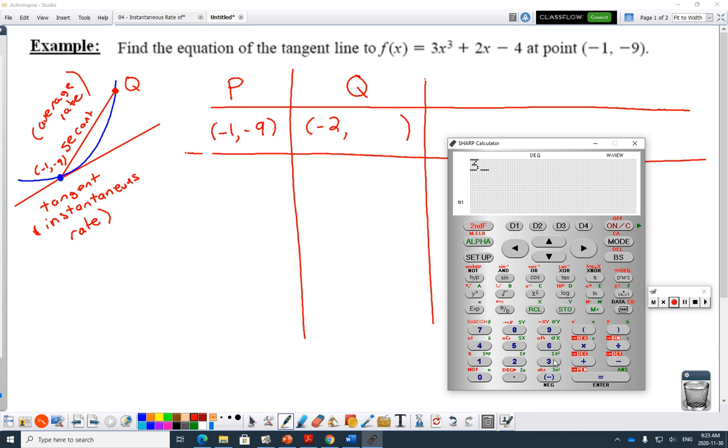I go 3, bracket, what did I choose? Negative 2. Negative 2, exponent 3, plus 2, bracket negative 2, minus 4. 3 negative 2 cubed, plus 2 negative 2, minus 4, equals, I get negative 32.